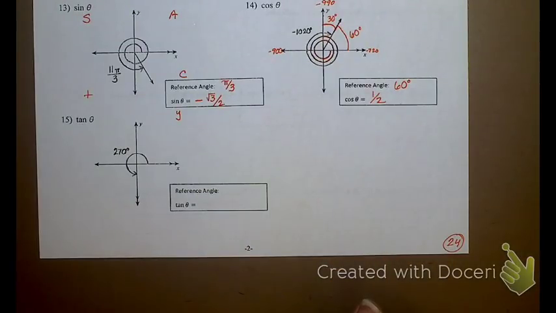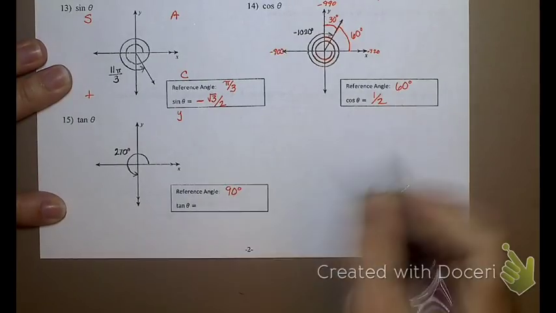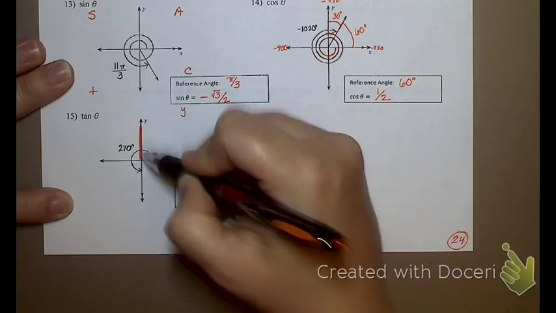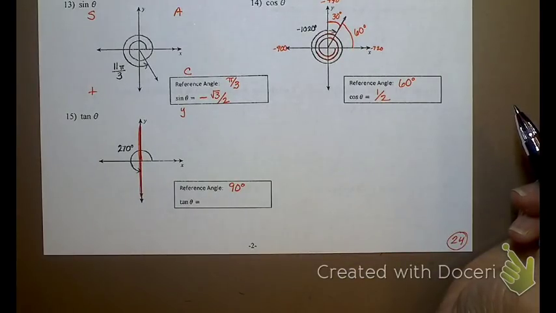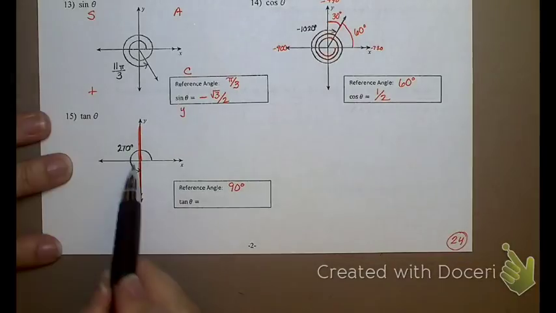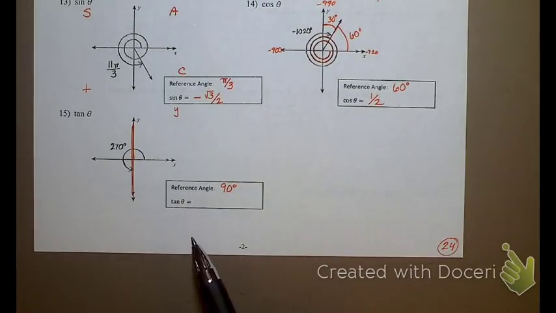270 degrees. What's the reference angle? 90 degrees. I'll give you a hint. If your terminal side is here or here, anywhere on the y-axis, your reference angle is 90 degrees. If your terminal side is here or here on your x-axis, guess what your reference angle is? 0 degrees.